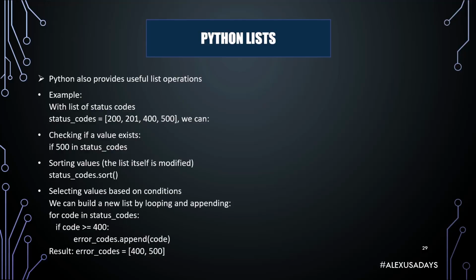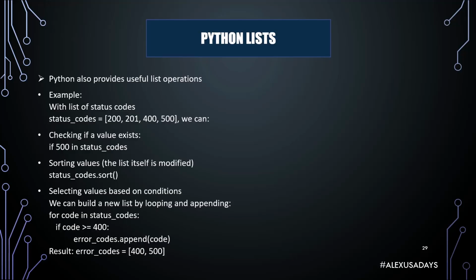Python also provides useful list operations. For example, with lists of status codes, we can check if values exist. So for example, we can use an if statement and say if 500 is in status codes, to get a value returned, true or false, if it's present there. We can sort values using .sort. So the list itself is going to be modified, not a new list created, and it will be modified permanently.